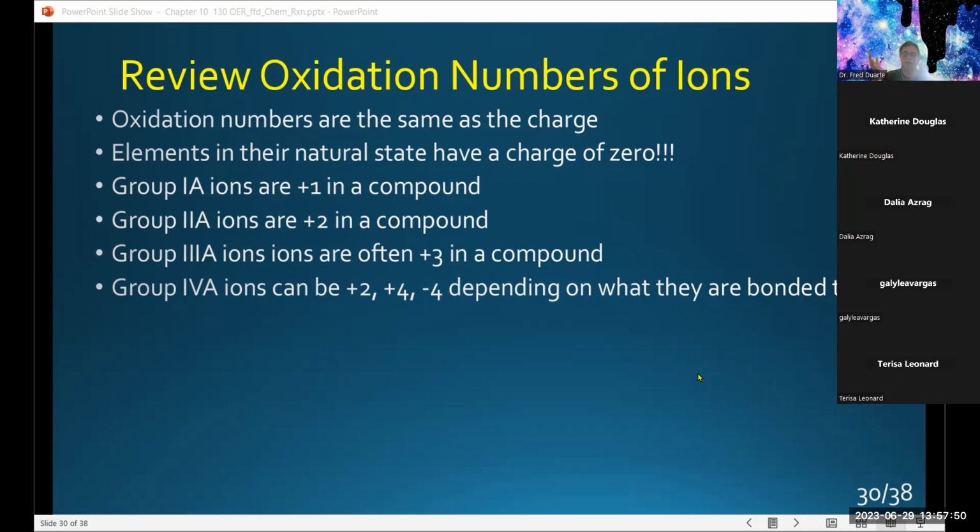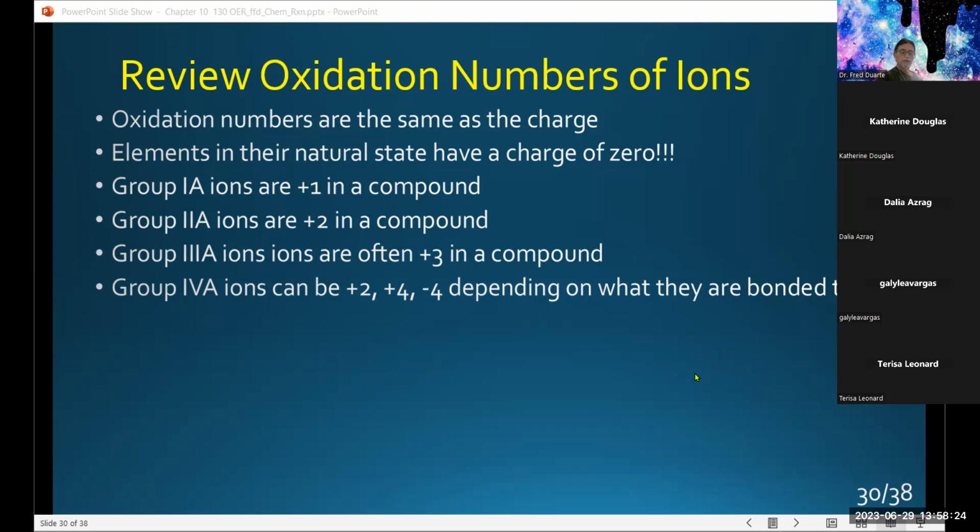Their oxidation number can vary from a +4 on one end of the spectrum to a -4 and anything in between. That's unique about group 4. One way to look at it is they're on the fence, and they can fall left or right depending on the conditions. If they fall left, they're going to be like the metals and lose electrons. If they fall right, they're going to be like the nonmetals and gain electrons.